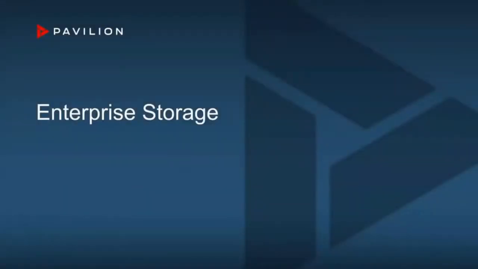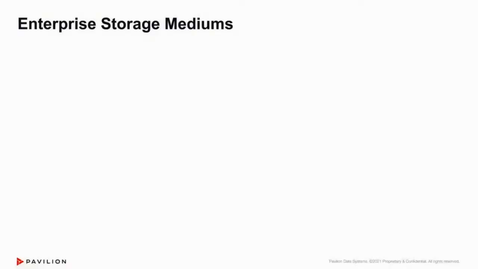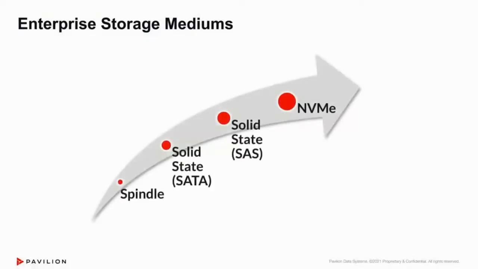Okay, we're going to start at the bottom of the stack here. We're going to hit enterprise storage. If you've been seasoned in IT, you'll know that these things came from very slow spindles. Long time ago, they're still there for capacity at this point, but I don't like spinning rust. So now we're going to hit solid state drives, and there's a SATA interface, SAS interface, and it's basically the same controller as the spindle drives, but you put flash underneath.